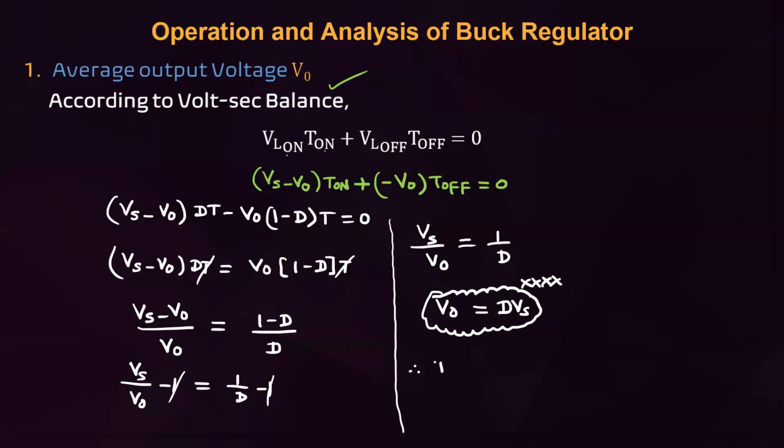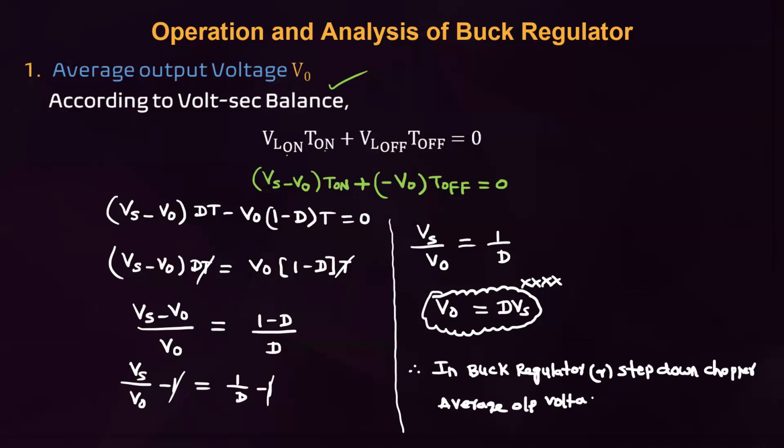Therefore, in a buck regulator or step down chopper, average output voltage V not equal to dVs, where d is the duty cycle. This formula you want to remember.